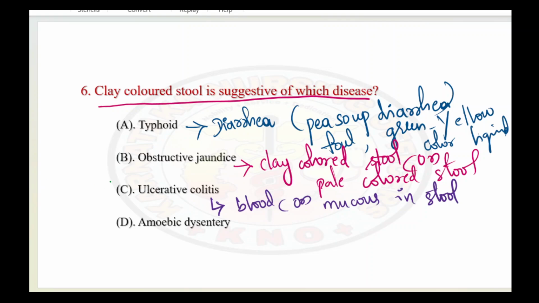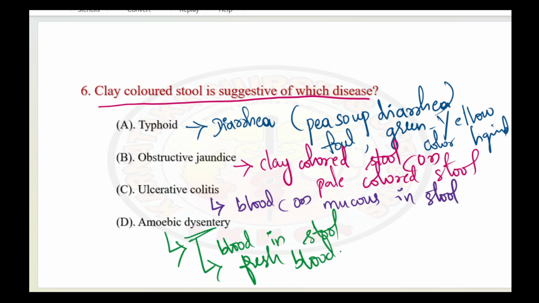And if you take amoebic dysentery, you are going to see blood in stool, especially fresh blood in the stool. That we are going to see in amoebic dysentery. So in this question, they have asked about clay colored stool being suggestive of which disease, and the answer is option B, which is obstructive jaundice.